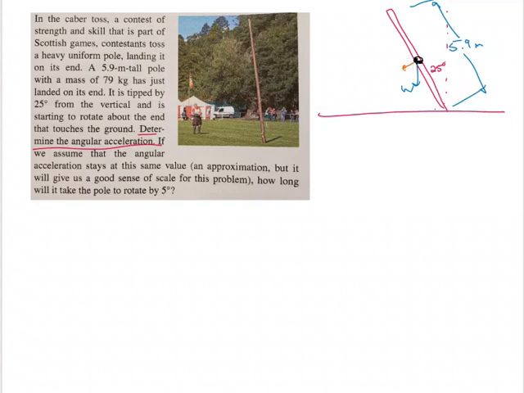There would be a parallel also, but that parallel is not going to do anything. So we would want a weight perpendicular to the pole. And that is going to be causing the torque that's going to pull this thing down. So we have this angle of 25 degrees, and that's going to come into play to create this perpendicular weight vector that's going to cause the torque. Does that make sense?